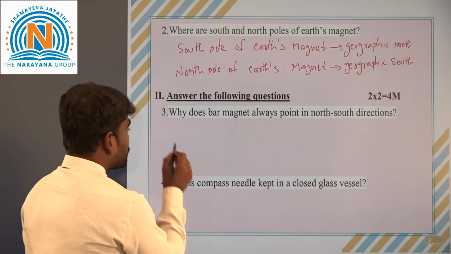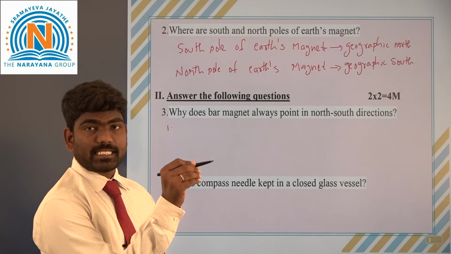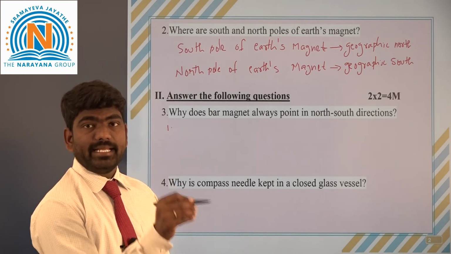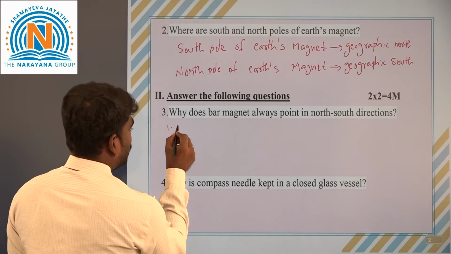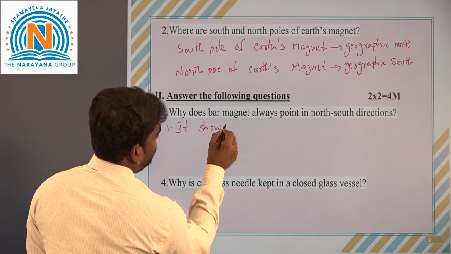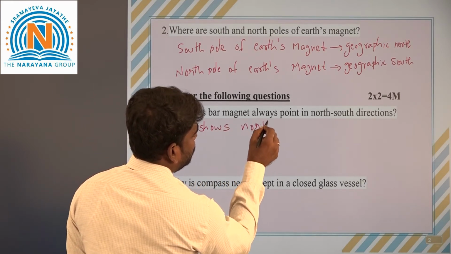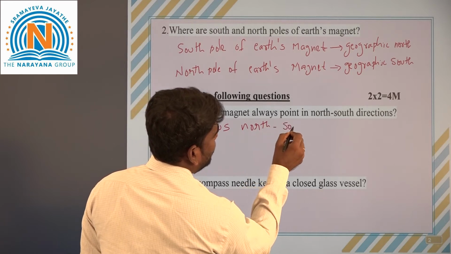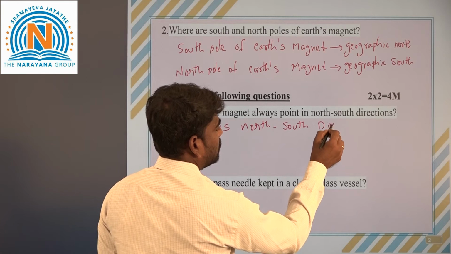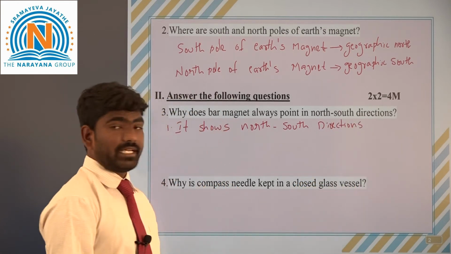Here the first point we have to remember is, when we freely suspend a bar magnet, it shows north and south directions. Why does it show north and south directions only?